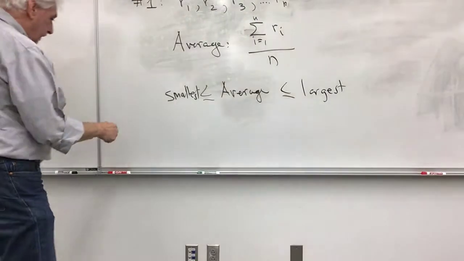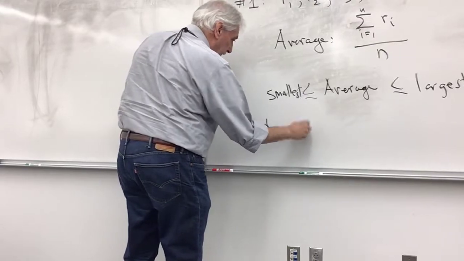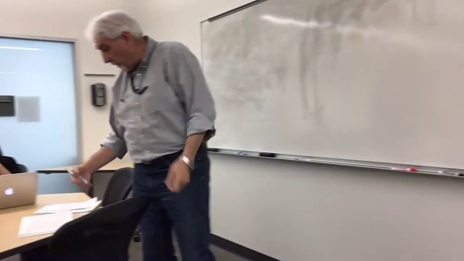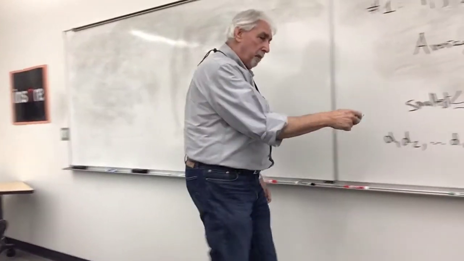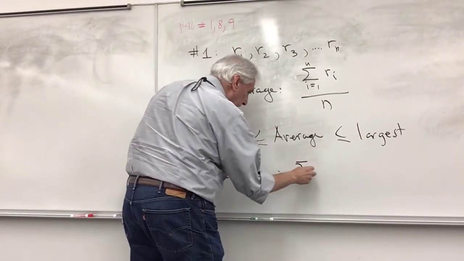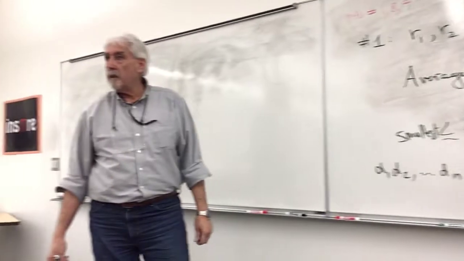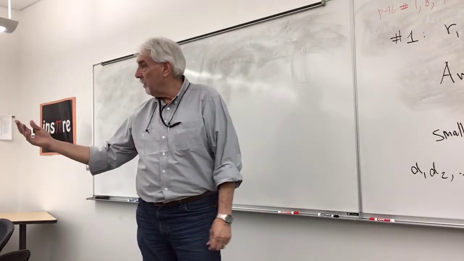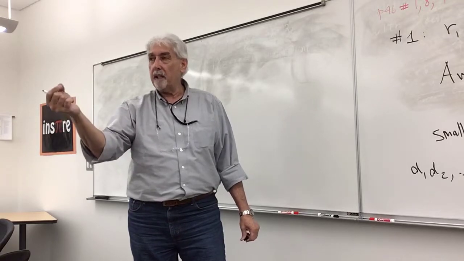So if G is a graph with n vertices and degrees d1 up to dn, then the average of the degrees, which is the sum of the di's over n, lies between the smallest and the largest degree. Well, what's the smallest degree? What have we called that before? We gave it a Greek label.